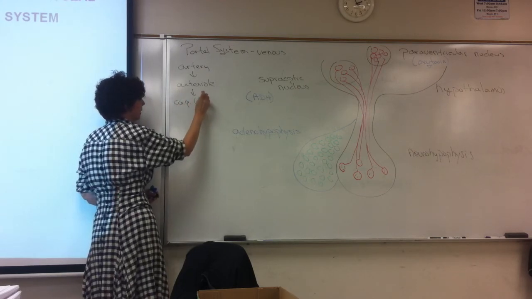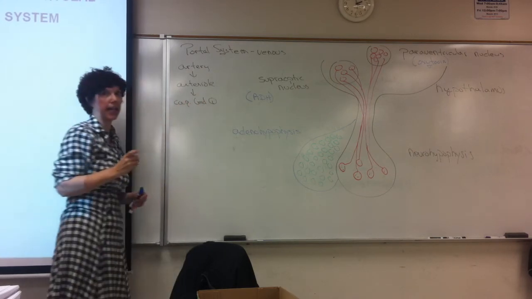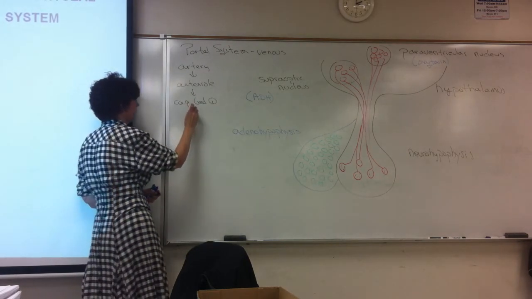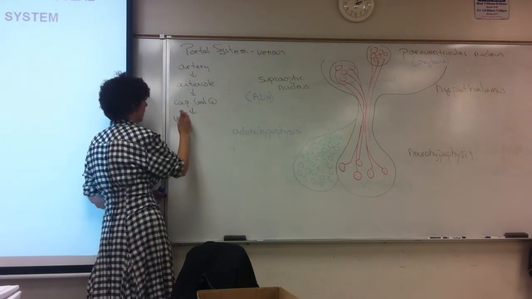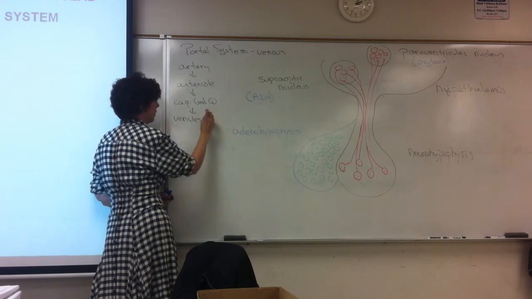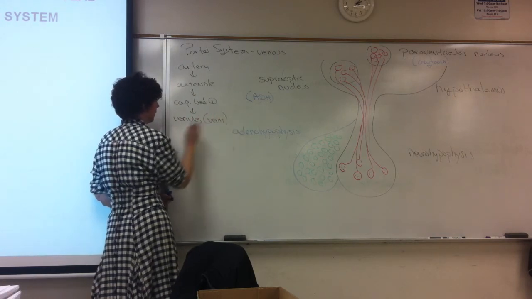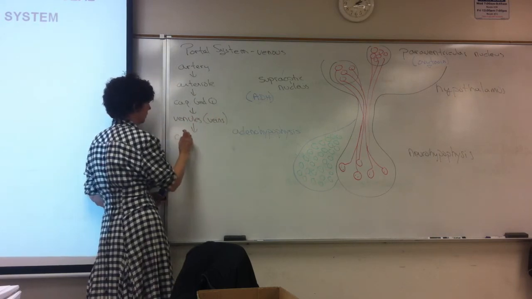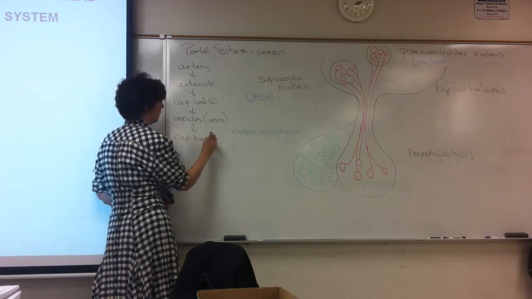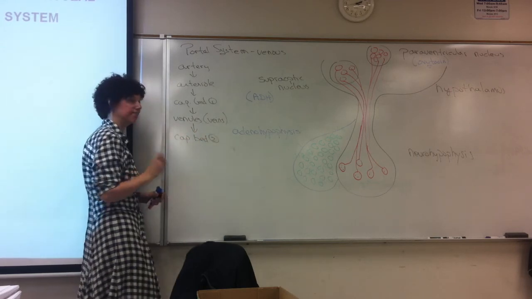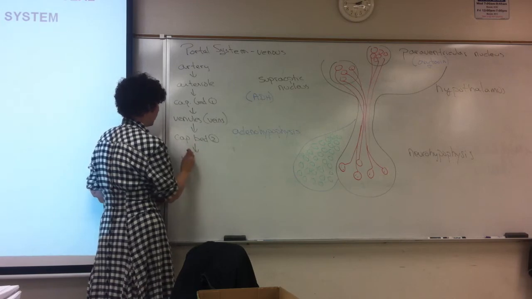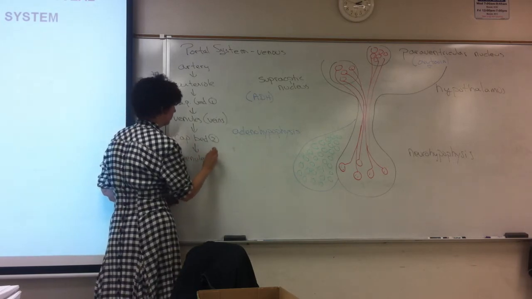Capillary bed 1, cap bed 1. Venules and veins, and then we add cap bed 2, and then we go back to venules and veins and go back to the heart.